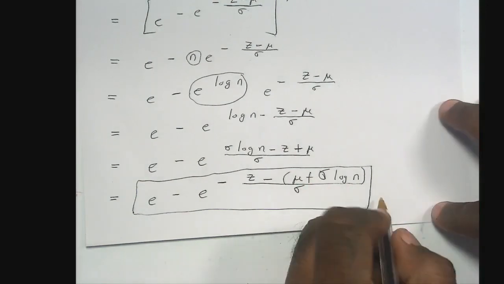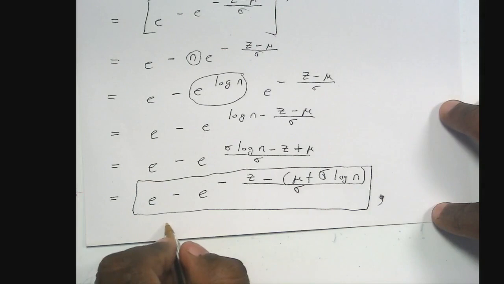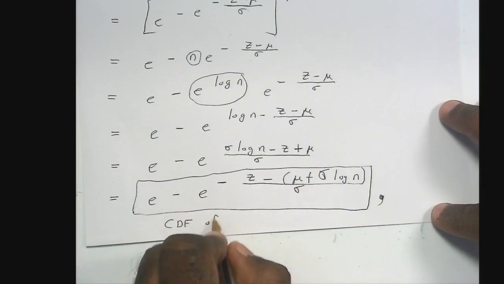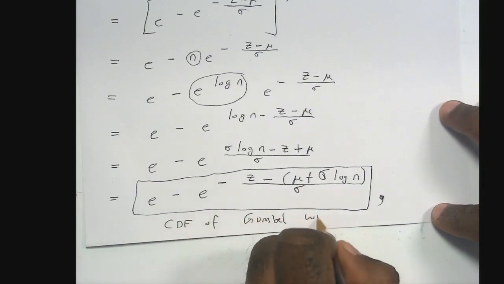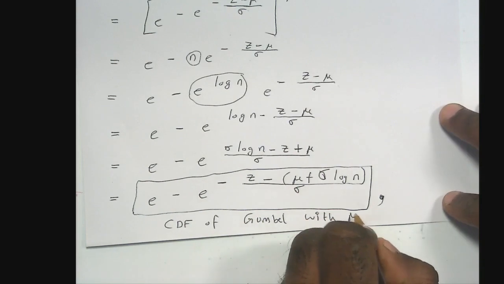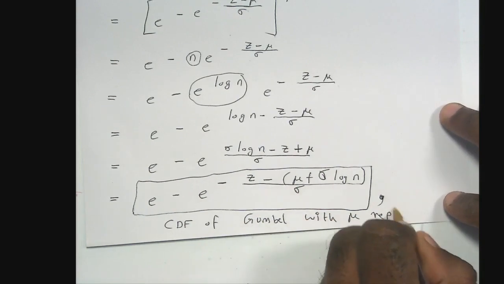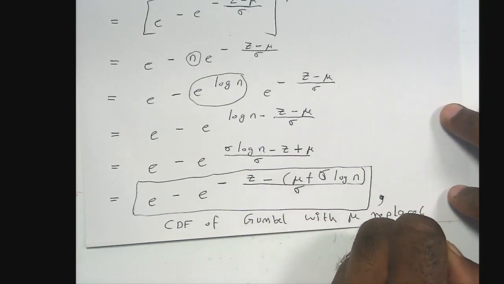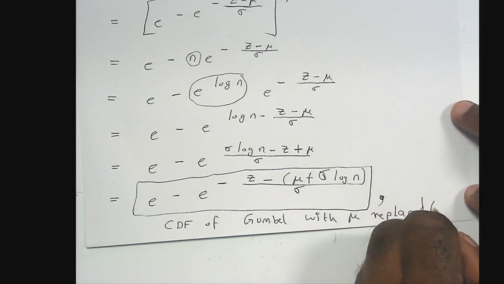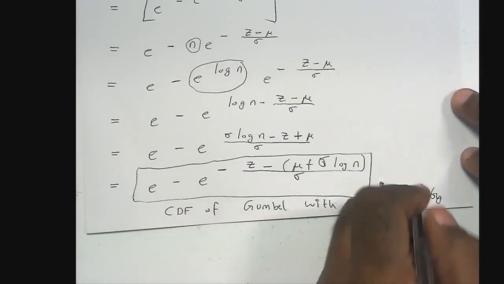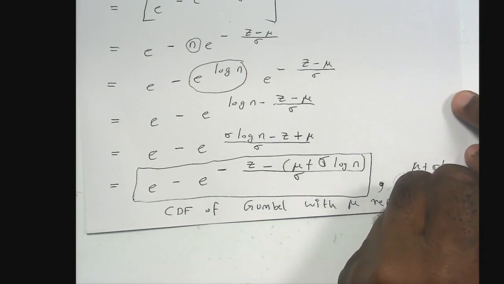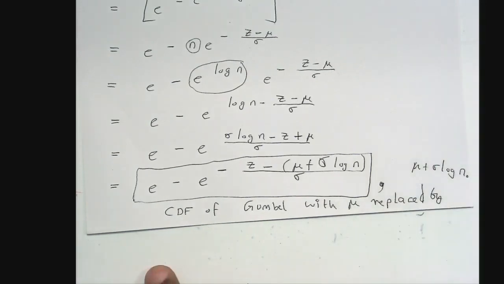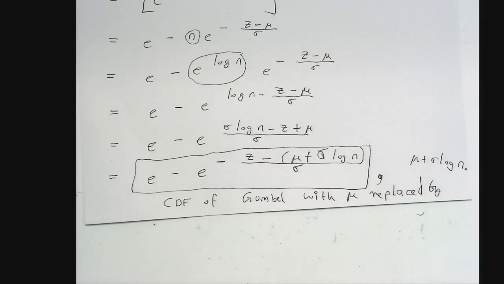So what you have here is the CDF of Gumbel with mu replaced by mu plus sigma log n, right? Do you see that, guys, or no?